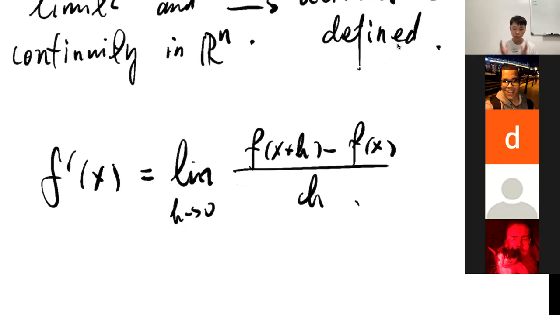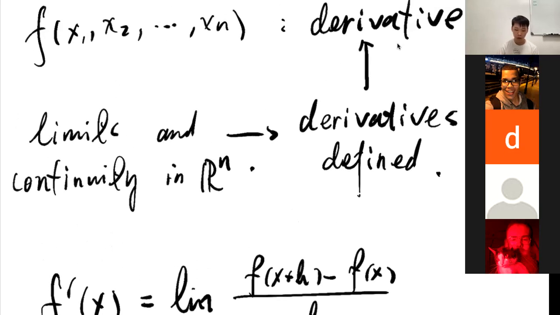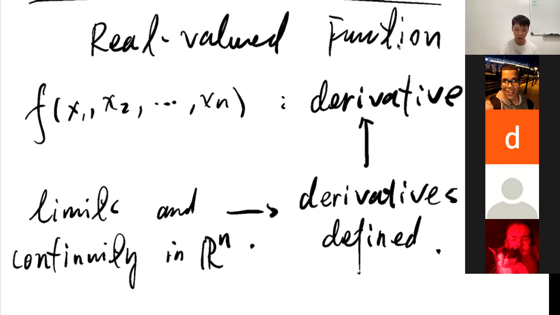But how do we have an analogy between this definition of derivative and the real valued function in Rn, right?